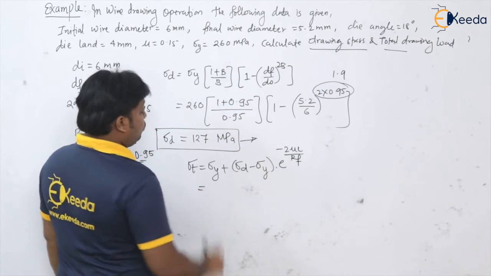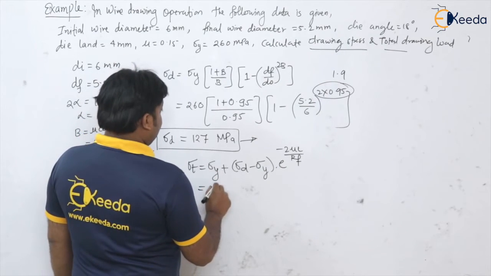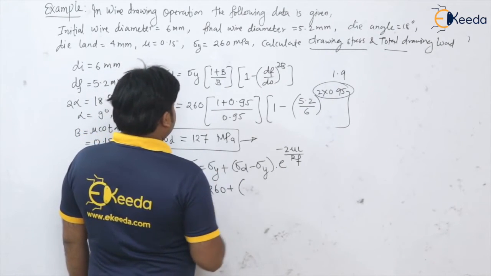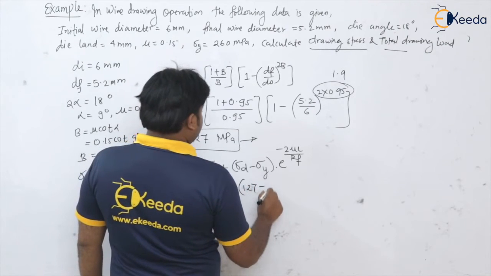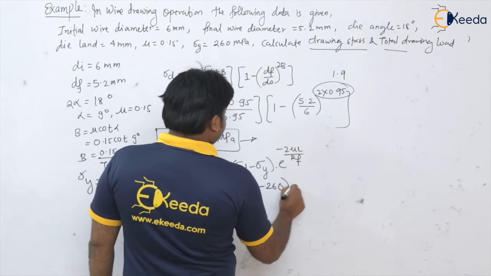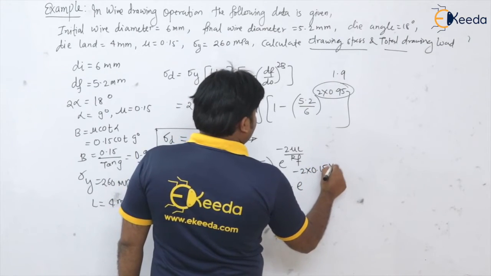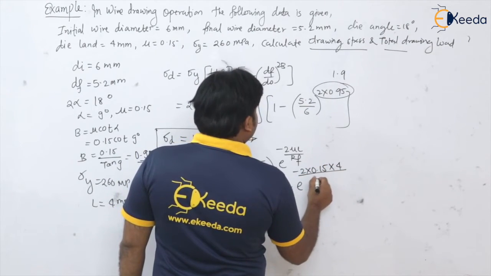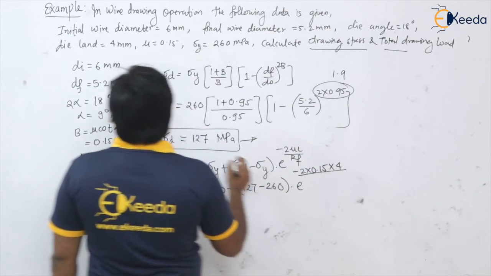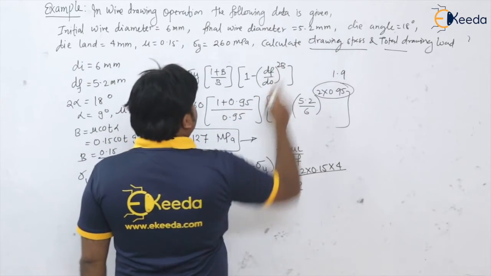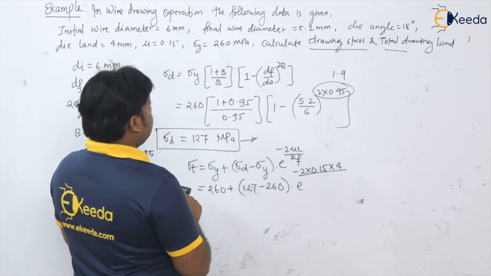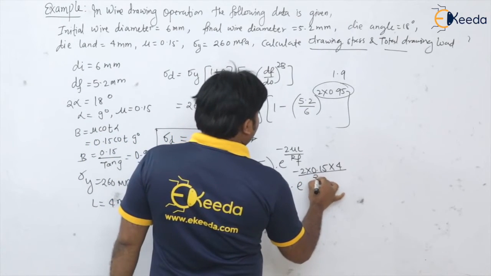So calculate the total drawing stress: 260 plus (127 minus 260) into e to the power minus 2 into 0.15 into die land 4 divided by R final, which is 5.2 divided by 2, that is 2.6.